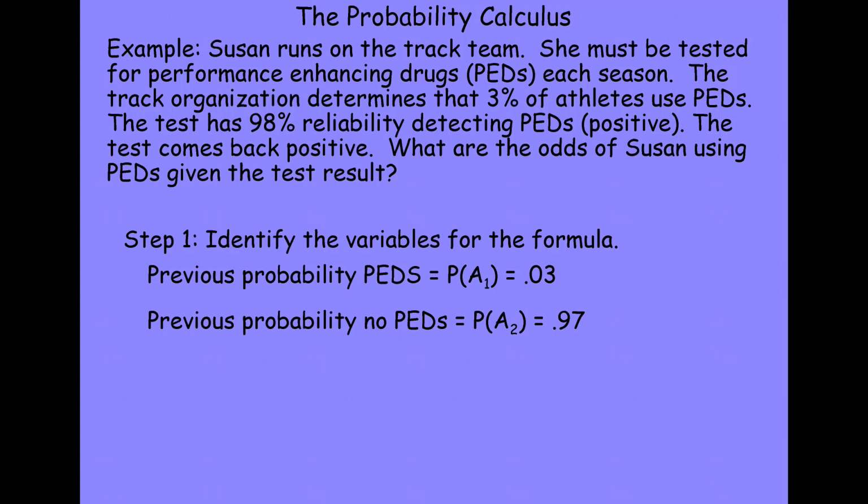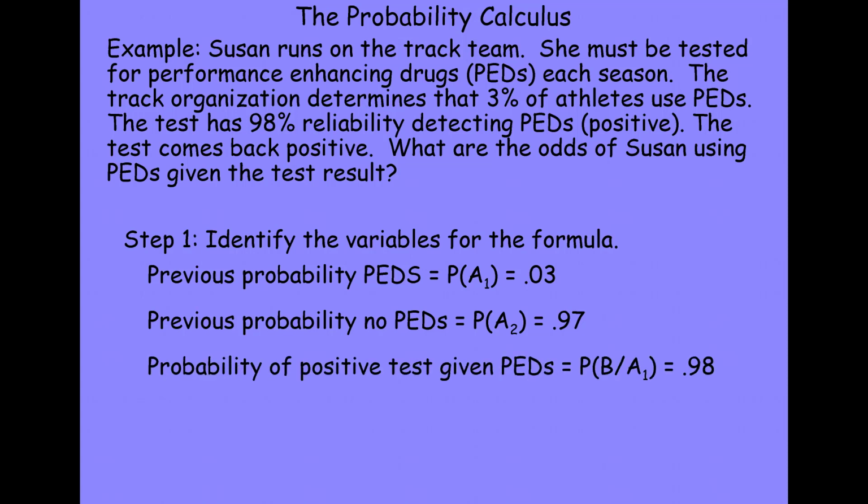Next, I need to get the probability of getting a positive test given that you've taken a performance-enhancing drug. And that's given to me here. The test has a 98% reliability in detecting performance-enhancing drugs. So when it's positive, it's right 98% of the time. So that's 0.98. What about the probability of a positive test when you're not?